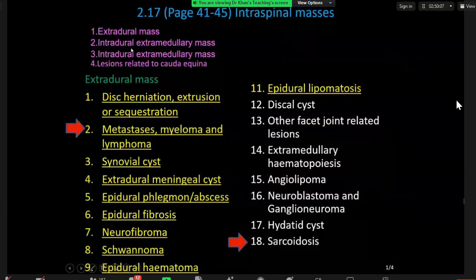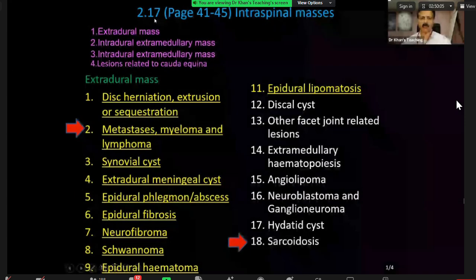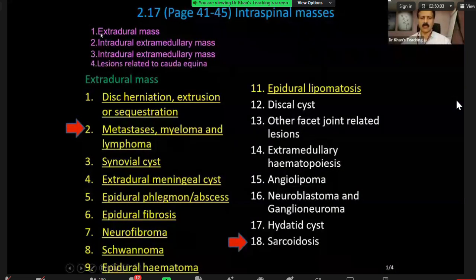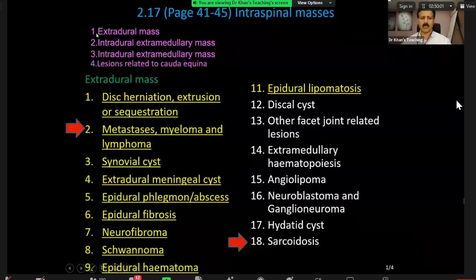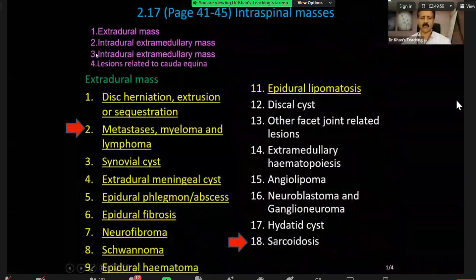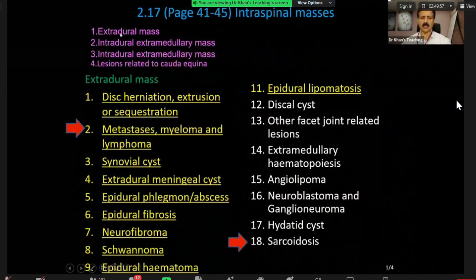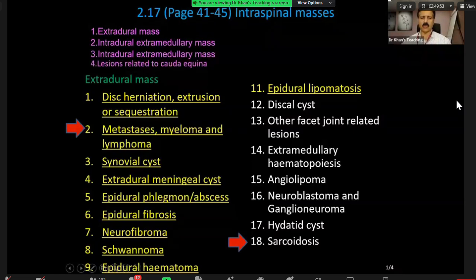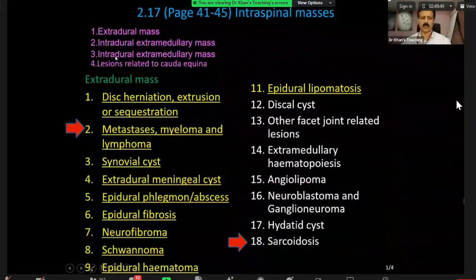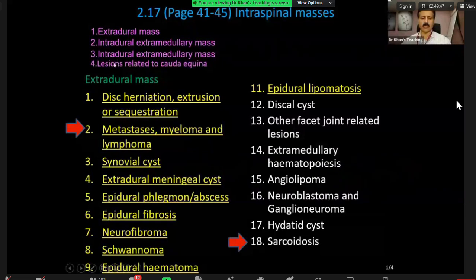So overall, this is Chapman 2.17, and here the main headings are extradural masses, intradural extramedullary, intradural, sorry, there is I think a typo here, apologies for that.